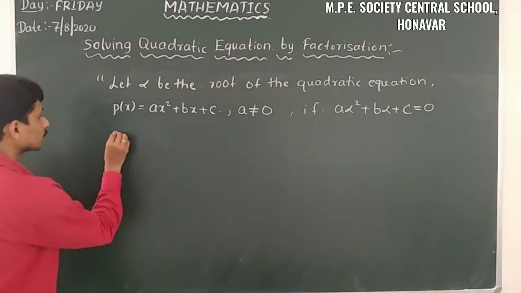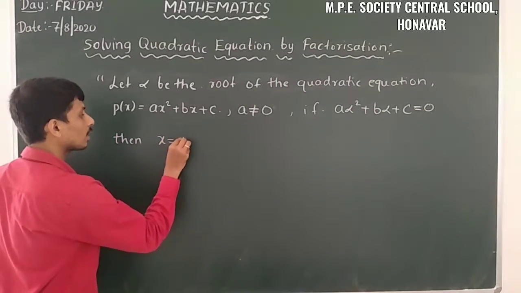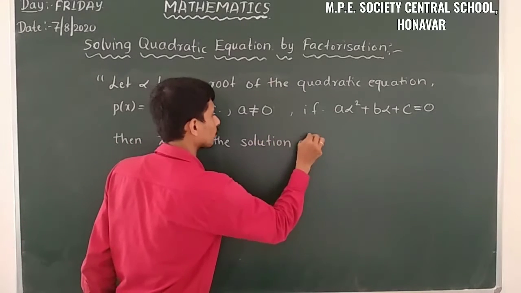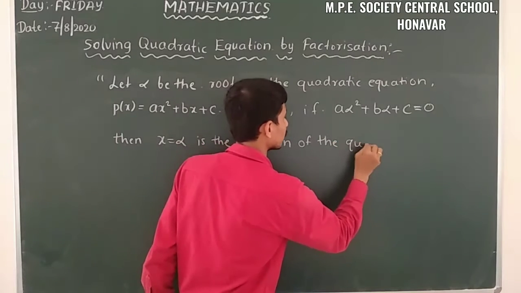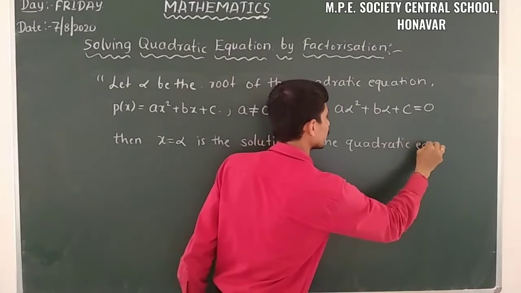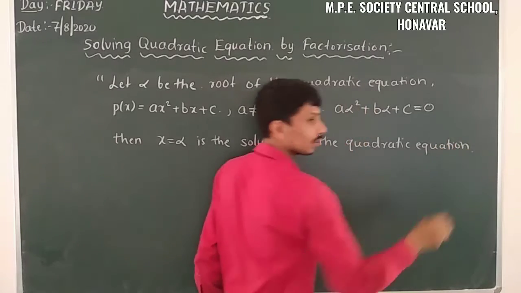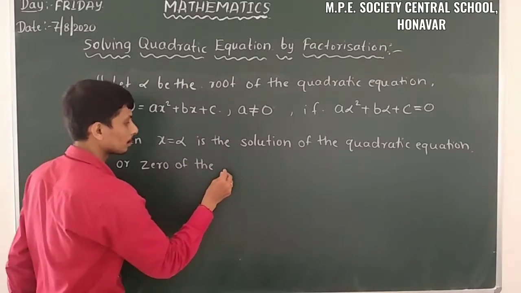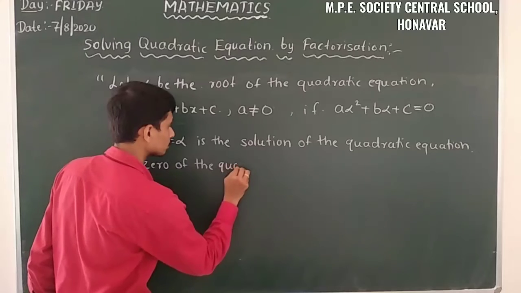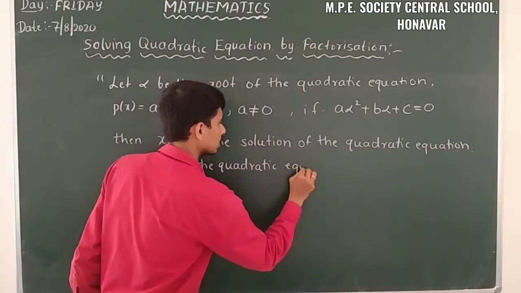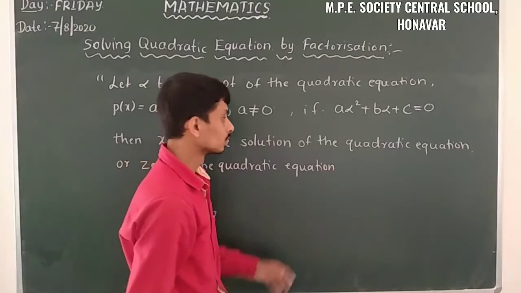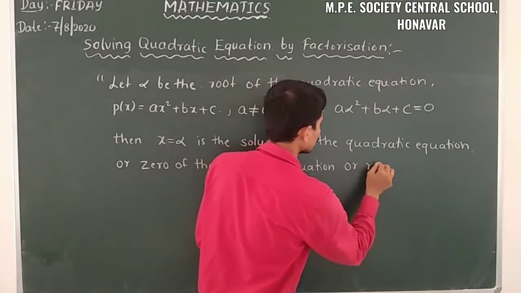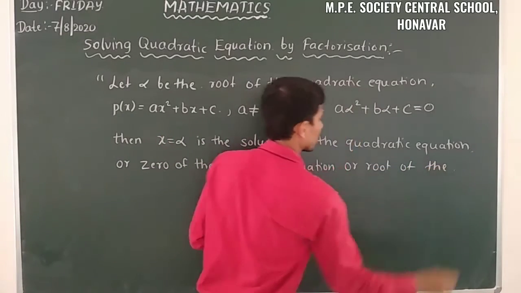Then x is equal to alpha is the solution of the quadratic equation, or zero of the quadratic equation, or root of the quadratic equation.